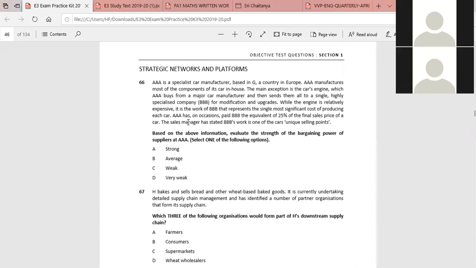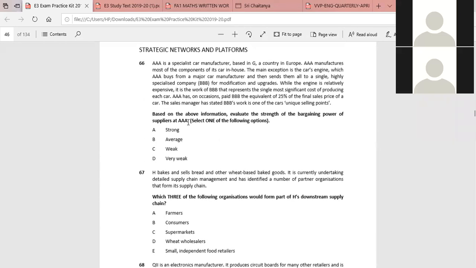Strategic networks and platforms. AAA is a specialist car manufacturer based in a country in Europe. AAA manufactures most of the components of its car in-house. The main exception is the car's engine, which AAA buys from a major car manufacturer and then sends to a single highly specialized company for modification and upgrades.